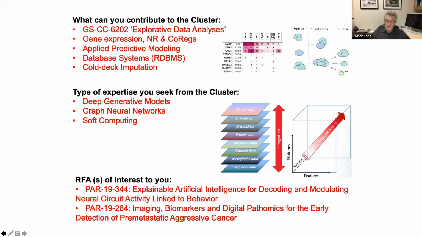So the horizontals illustrate different data sets coming from different platforms. We have sequencing data, we have clinical data, we have metabolites, et cetera, okay? But while AI is already applied horizontally in all these data sets, I think we do need more integration. Why?